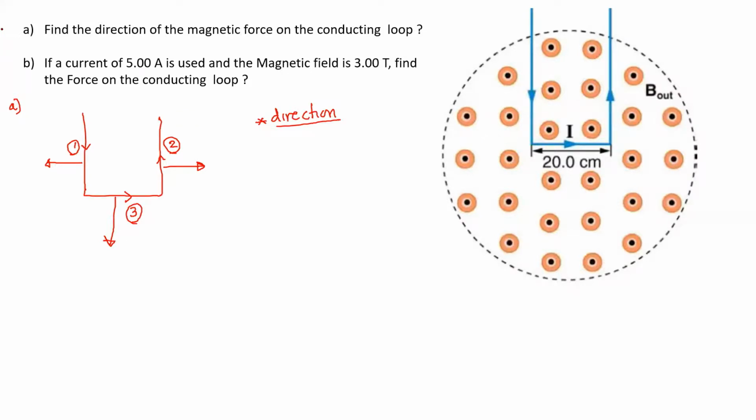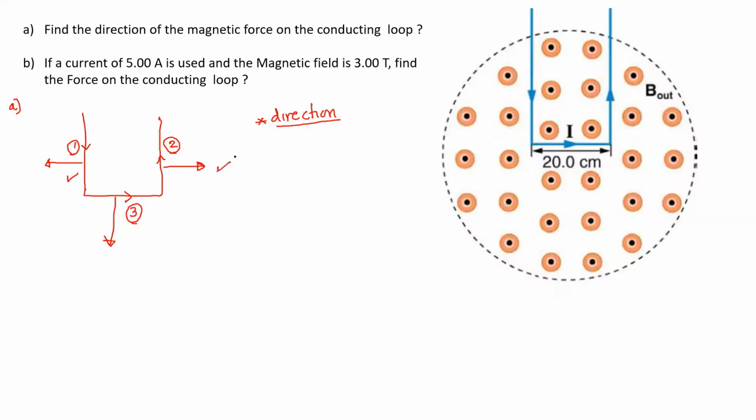I'm keeping my palm towards me, out of the plane, and current is going downwards for the first one. I'm curling my fingers towards myself. This is my left hand, so my thumb is pointing towards left. So this is left, it is correct. And again, current is this way, palm is facing towards me. It's not a rule, but it's just my trick. And B field is this way, so towards right.